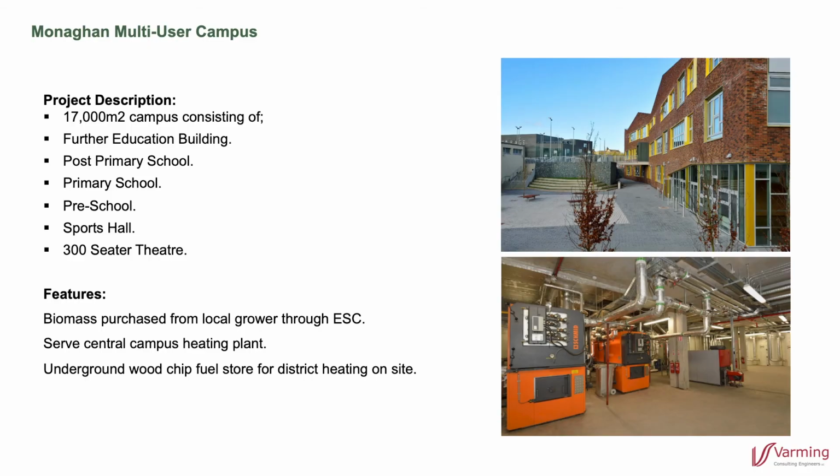You'll see there, we put in a biomass unit with an underground store for the fuel that serves that whole campus. So just the further education building, 3 schools, a theatre, and a sports hall. And through an energy supply contract, a local company is growing that fuel for that campus. So they're completely self-reliant in terms of fuel.